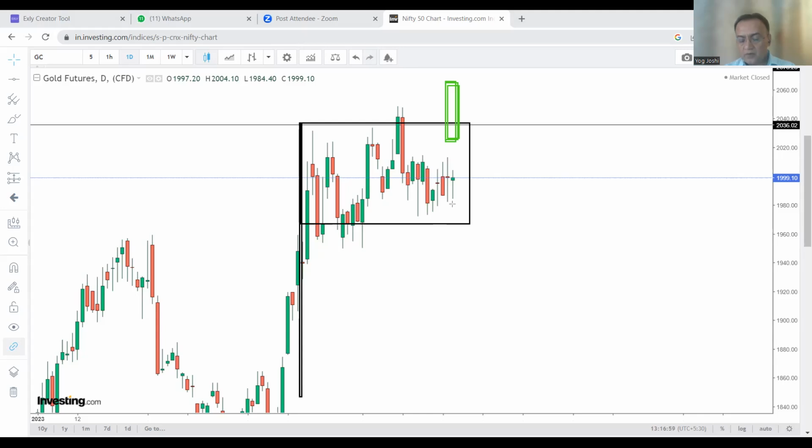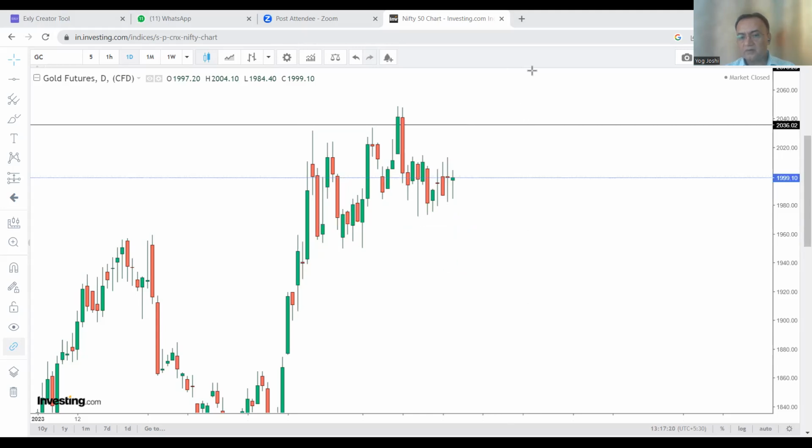And if gold falls at this level and breaks the support area, this is the support area for gold. If gold breaks the support area, we can say further downfall is expected in gold.